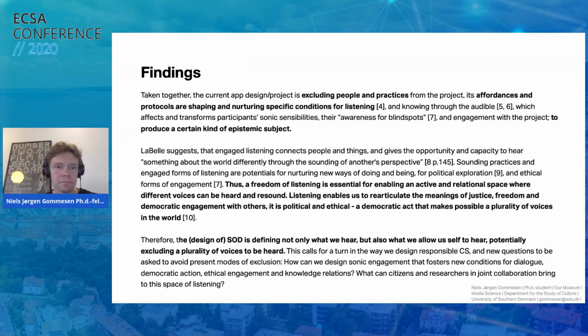So my argument is that this calls for a turn in the way we design responsible citizen science and new questions to be asked to avoid these present modes of exclusion. How can we design sonic engagement that fosters new conditions for dialogue, democratic action, and ethical engagement?